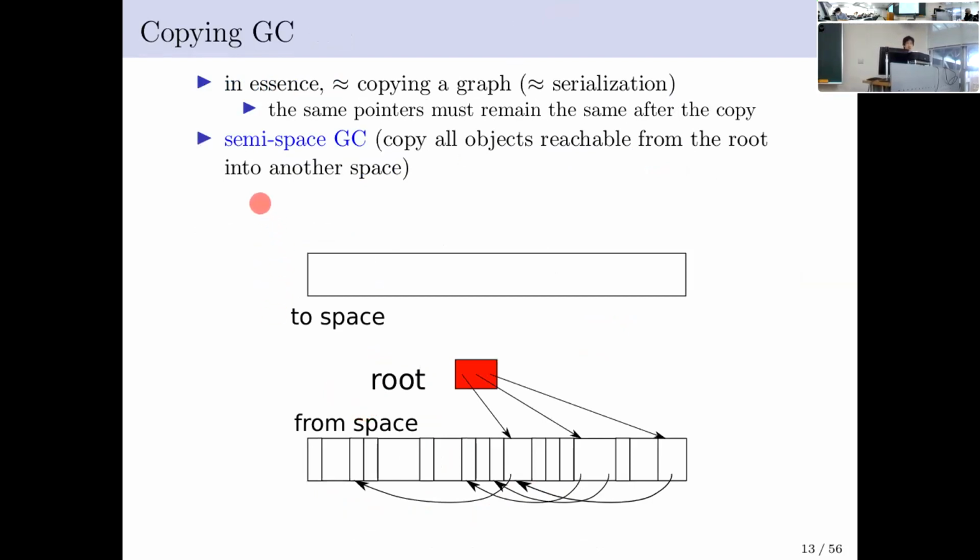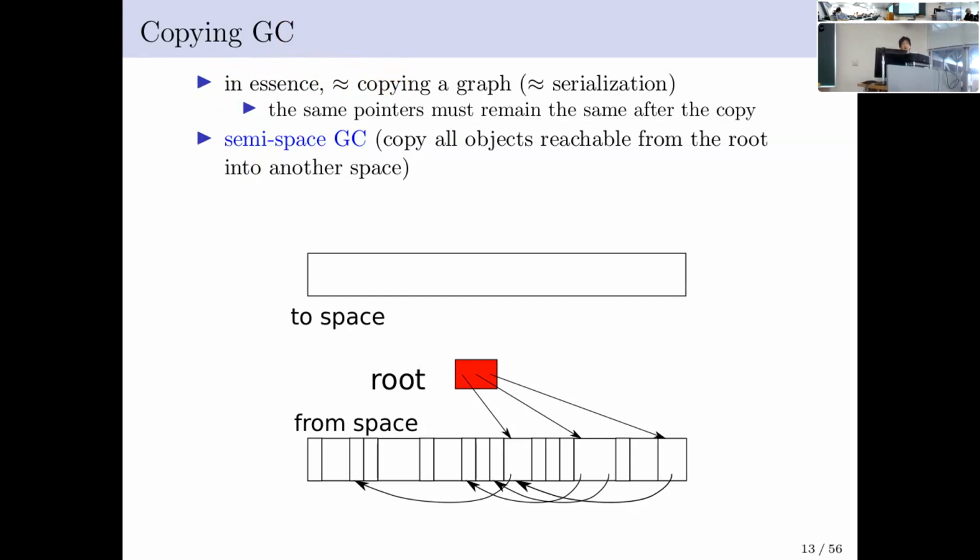So this is the other one, how a copying garbage collector generally works. Like I said, conceptually what it is doing is quite similar to what the mark and sweep garbage collector is doing, with the only difference being that a copying garbage collector, as its name suggests, copies a graph of objects that turned out to be reachable from the root.